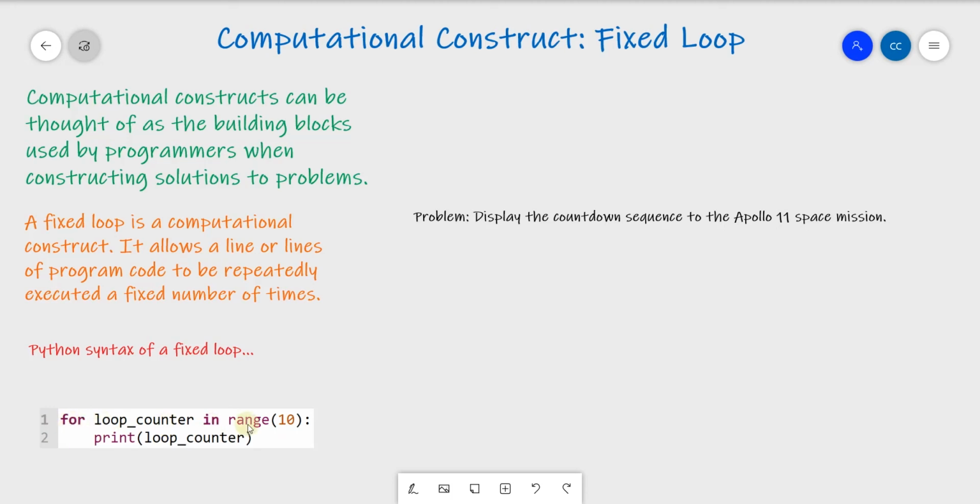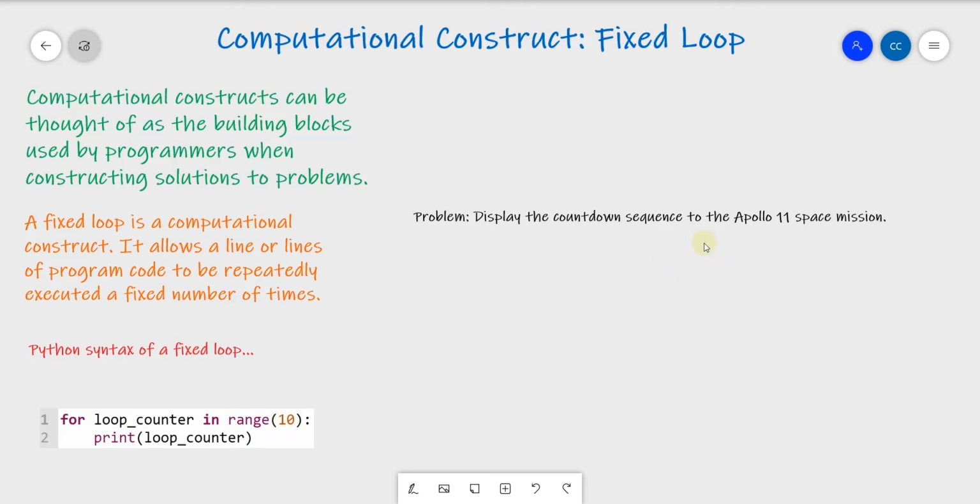Loop counter in range, and there's the number 10 inside the brackets of the range function. The colon, and then you've got indented code inside this for loop. So what happens in Python is any code that's indented under the for loop will be executed the number of times that's stated in the brackets of the range.